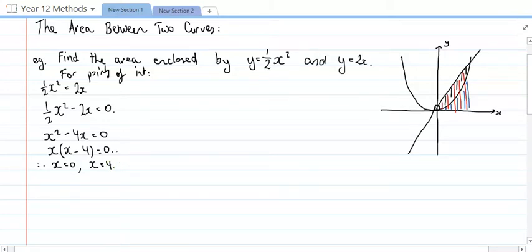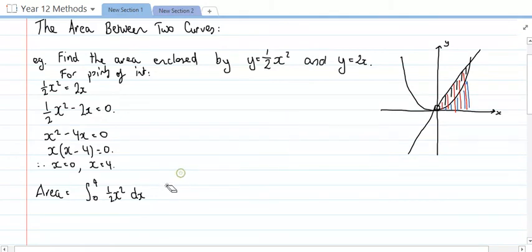Now, that means that I need to do the integral between those two places. So the area is equal to the integral between 0 and 4 of half x squared dx, and then I'm going to take away, whoops, I did it the wrong way around.